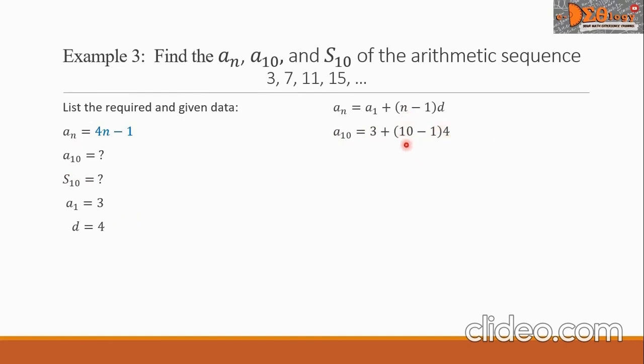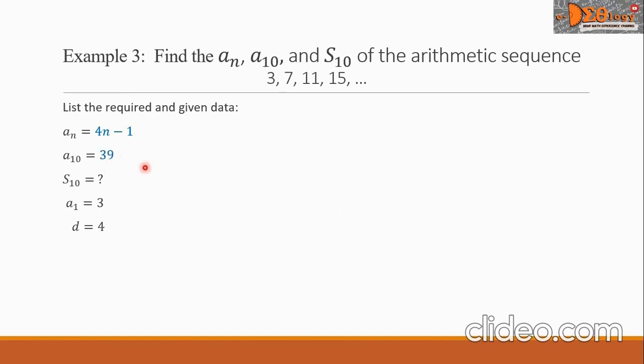Simplifying further, this 10 minus 1 gives 9, and let us multiply 9 by 4 is 36. Then the sum of 3 and 36 is 39. This is our a sub 10, the 10th term. Let us copy this value opposite a sub 10 in here.